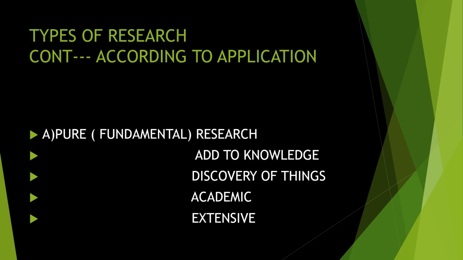Extensive means it's a detailed one, in which, in fundamental research, the researcher has to find something new out of the theory. Okay. So that is what the research person has to do. Understood? So fundamental research is to just add knowledge to what already exists.